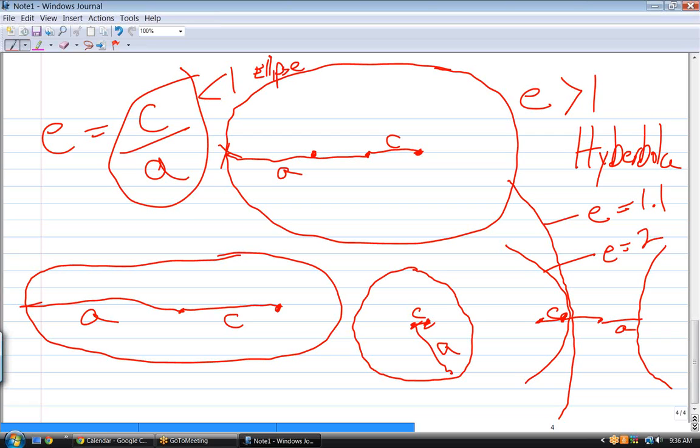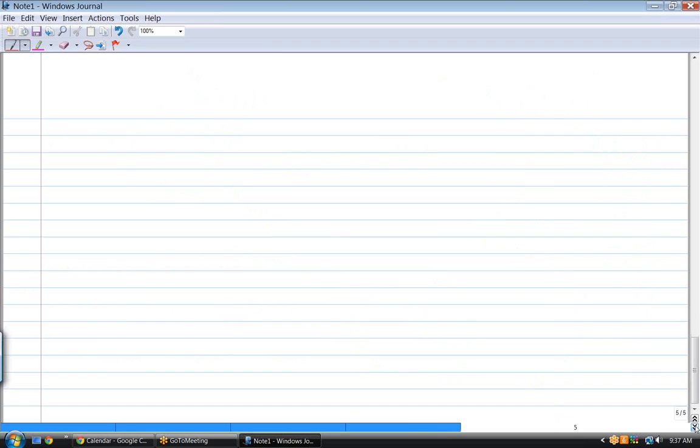A conic with e between 0 and 1 is an ellipse. A conic with e greater than 1 is a hyperbola. And a conic with e equal to 1 is a parabola. It didn't say that an eccentricity of 0 is equal to a circle, but it is. I'm not sure why that's not needed.